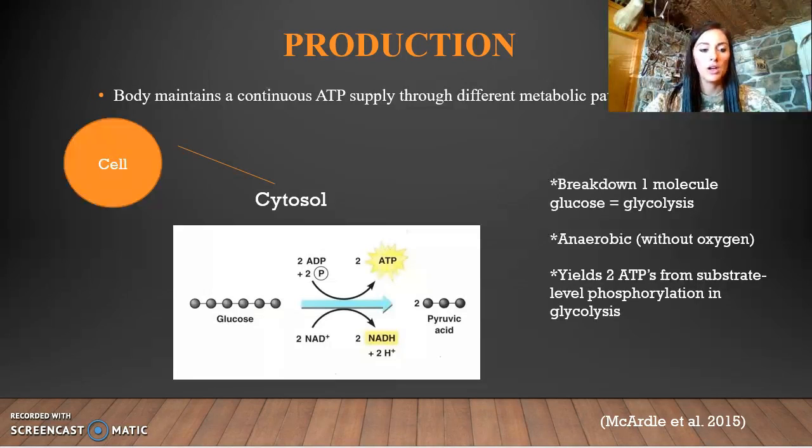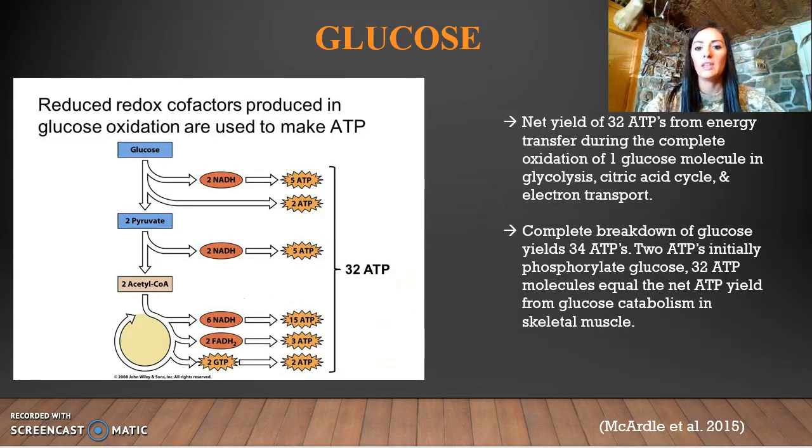We're going to go over two forms of ATP production within the cell. The first one is in the cytosol. Within this, we have glucose, and the breakdown of a molecule of glucose is glycolysis. This is anaerobic, which means without oxygen. There are two ATPs from the substrate level phosphorylation in glycolysis.